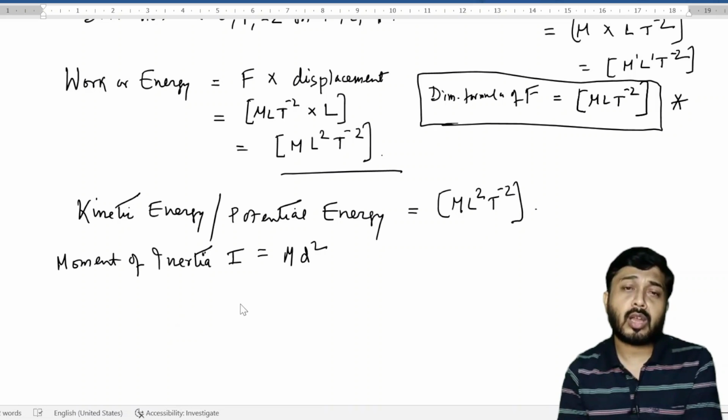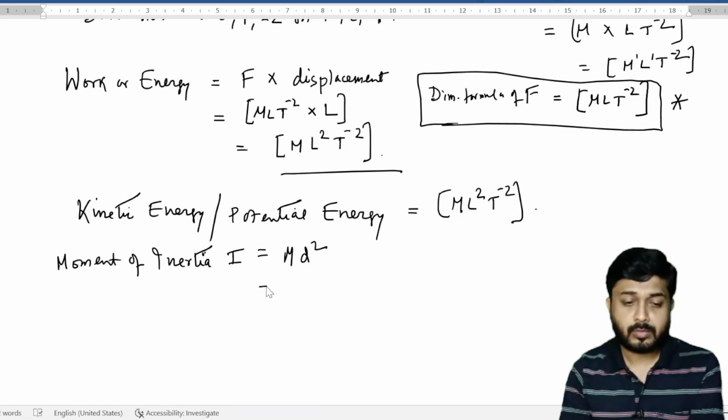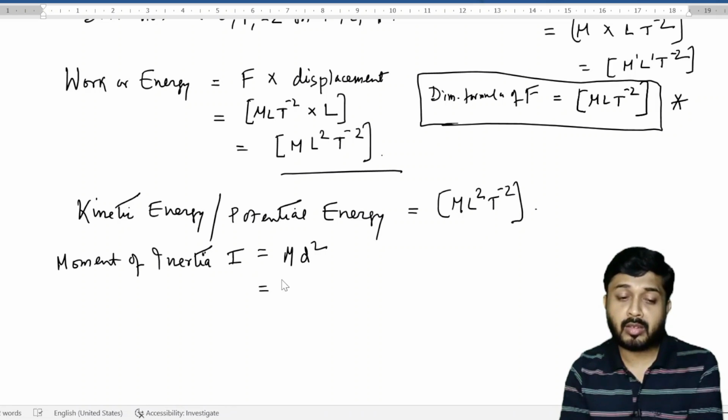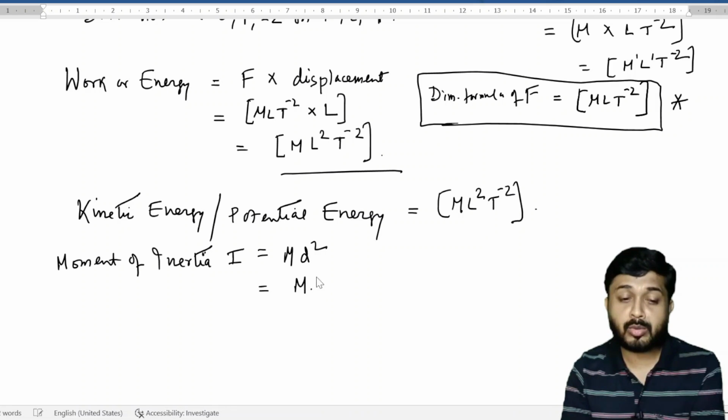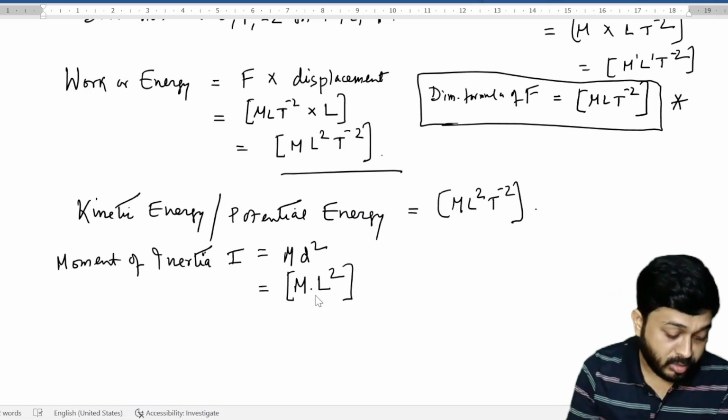You will get to know as you come across this topic. So the dimensional formula for capital I or moment of inertia is going to be M into, what is d or distance, L, right? That is nothing but a length. ML² is the dimensional formula for moment of inertia.